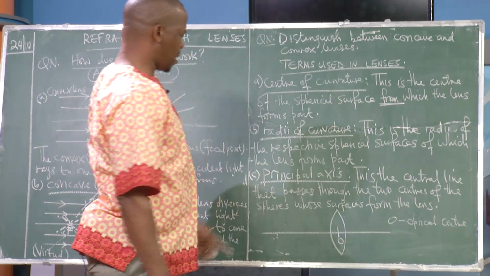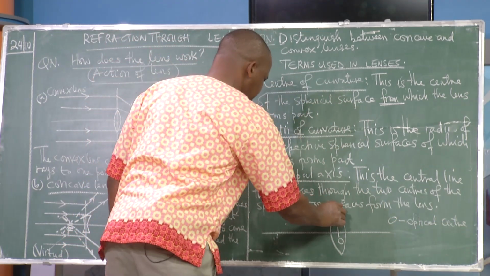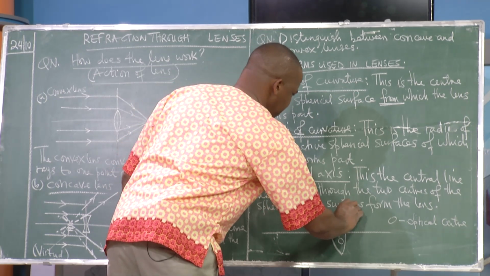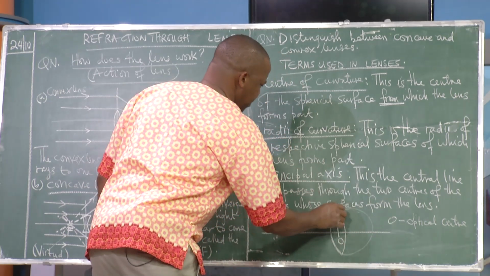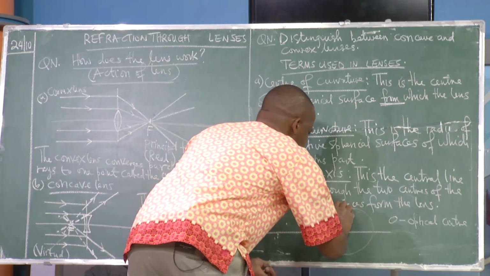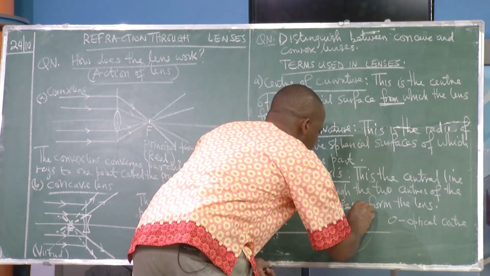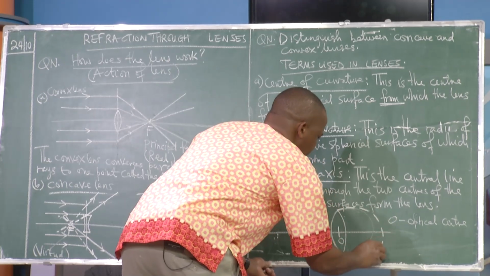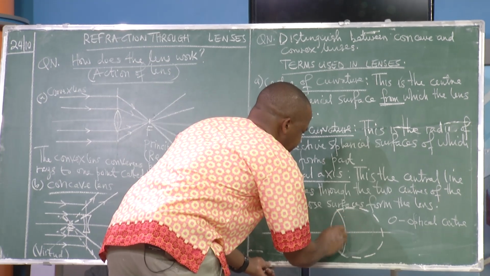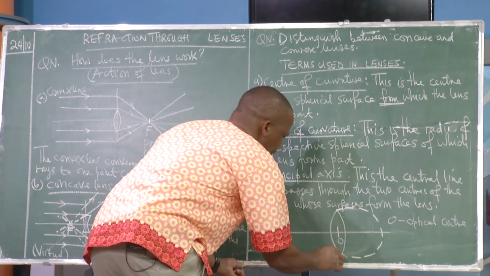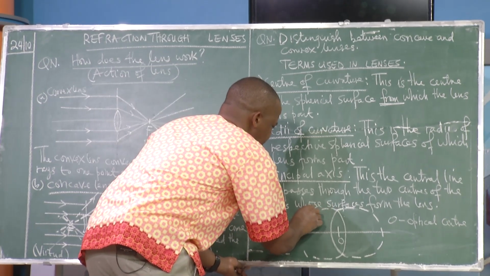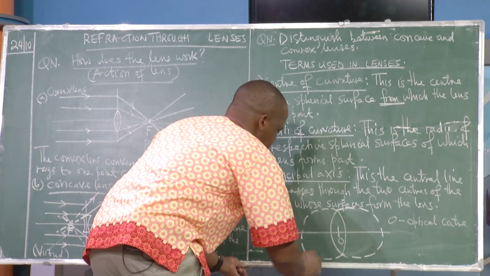Because we saw that a lens has two surfaces, one from this sphere, and this extrapolated also gives us another surface of the second sphere.